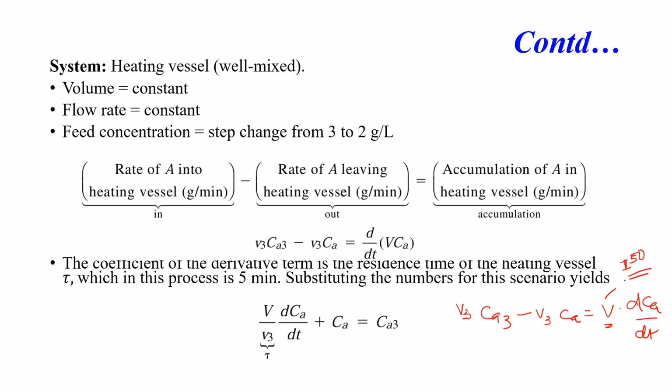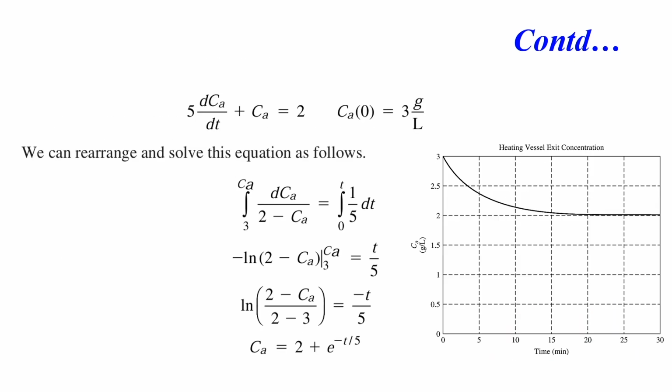If you solve this equation, you should be able to see how the Ca will reach the new steady state value. So, it says V into dCa upon dt equals V3 into Ca3 minus V3 into Ca. Now, V3 value we know is 30 and the volume is 150 liters.